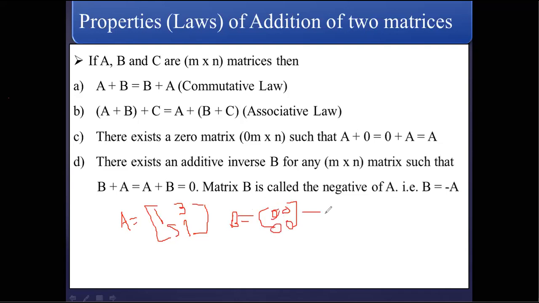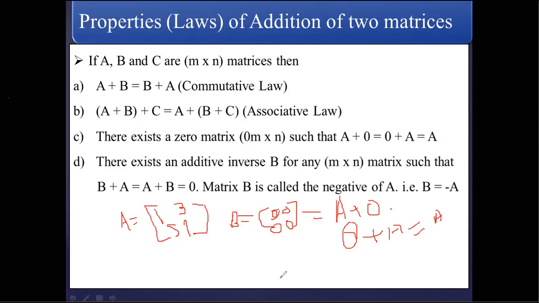Now if you add A plus the 0 matrix, here B is the 0 matrix, or the 0 matrix plus A, then again you'll get the same result, that is matrix A. Because 1 plus 0 is 1, 3 plus 0 is 3, 5 plus 0 is 5, and 7 plus 0 is 7.